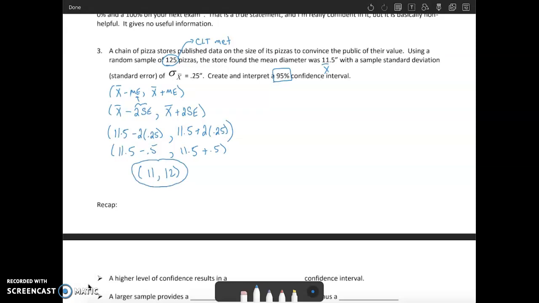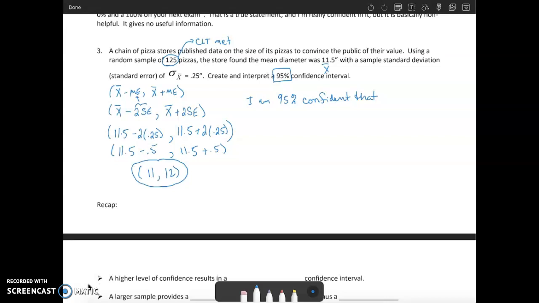To interpret this, what I would say is, I am 95% confident that, and that's how you always start your interpretations of a confidence interval. When you have the confidence level, you want to include that in your interpretation. That's how confident I am.